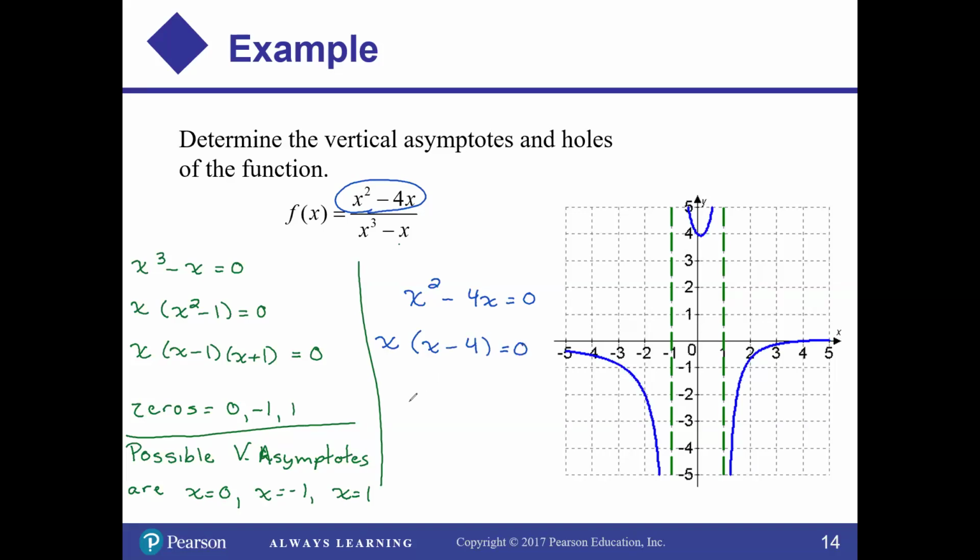So here my zeros would be 0 and 4. Because there is a 0 here and here, that causes there to be no asymptote there. It's kind of like those zeros cancel each other out, but that's not exactly what happens, because if you remember, 0 divided by 0 is still undefined.